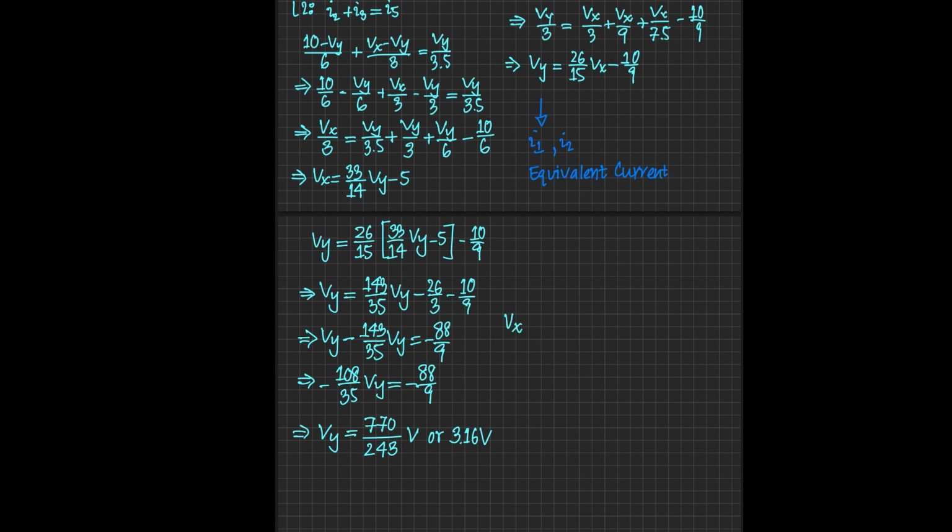So let's find Vx. Vx is 33 by 14 times 770 by 243 minus 5.